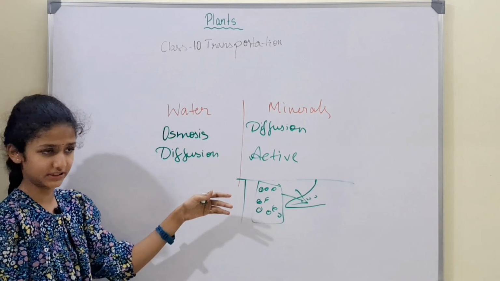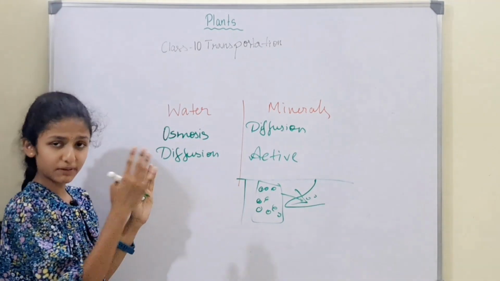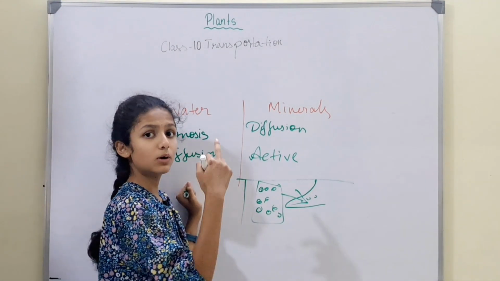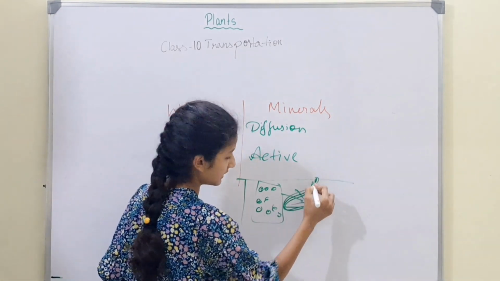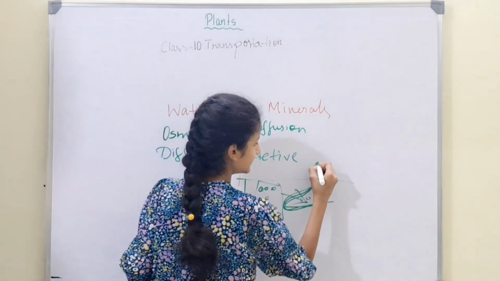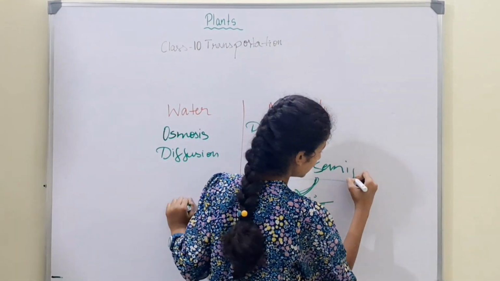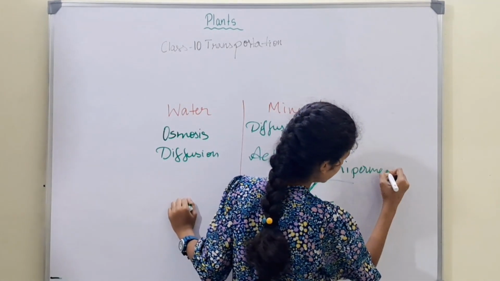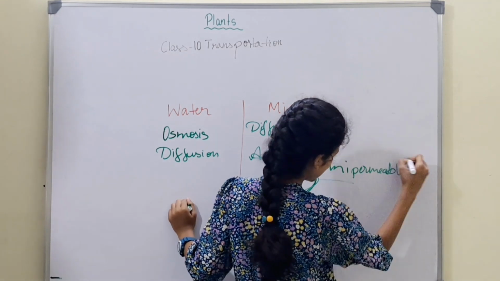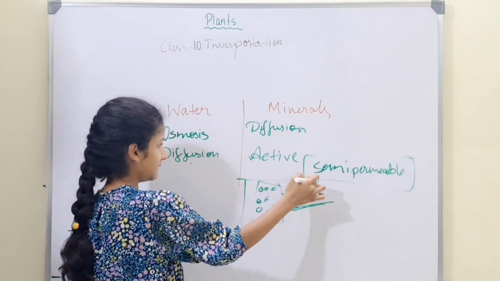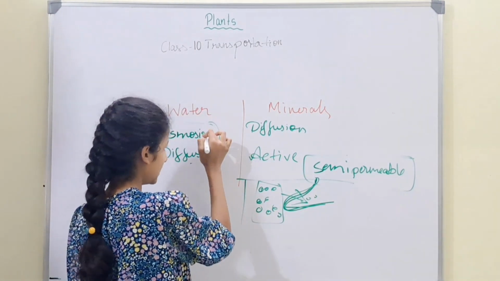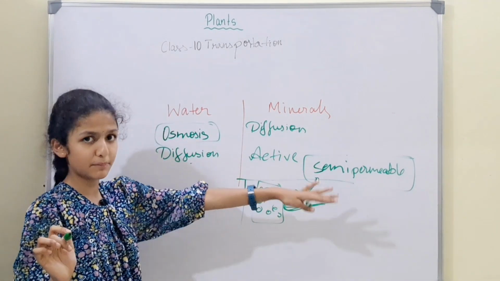Whereas in osmosis, it is the movement of particles from a higher concentration to a lower concentration through a semi-permeable membrane. When a semi-permeable membrane is there and diffusion takes place, we call it osmosis. For osmosis, a semi-permeable membrane is needed.